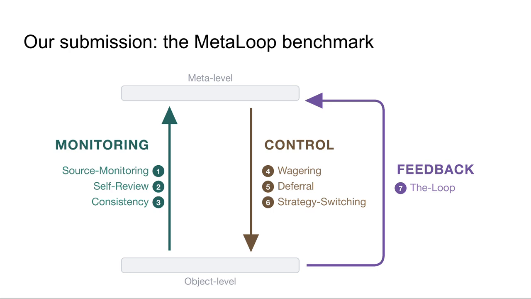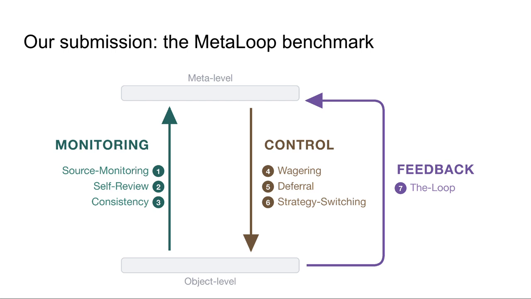We designed 7 tasks that cover the complete metacognitive loop. Here on the left-hand side, you can see the monitoring tasks, source monitoring, self-review, and consistency, which test whether models can track the quality and provenance of their own outputs. And then on the right-hand side is the control branch, which are tasks 4 through 6, which test whether models can translate self-knowledge into better decisions, betting appropriately, deferring when uncertain, and switching strategy when stuck.